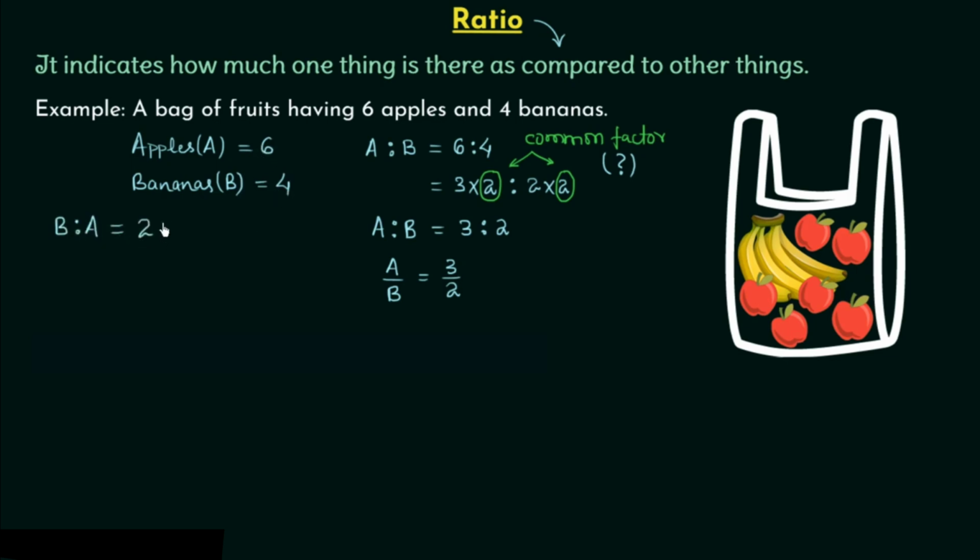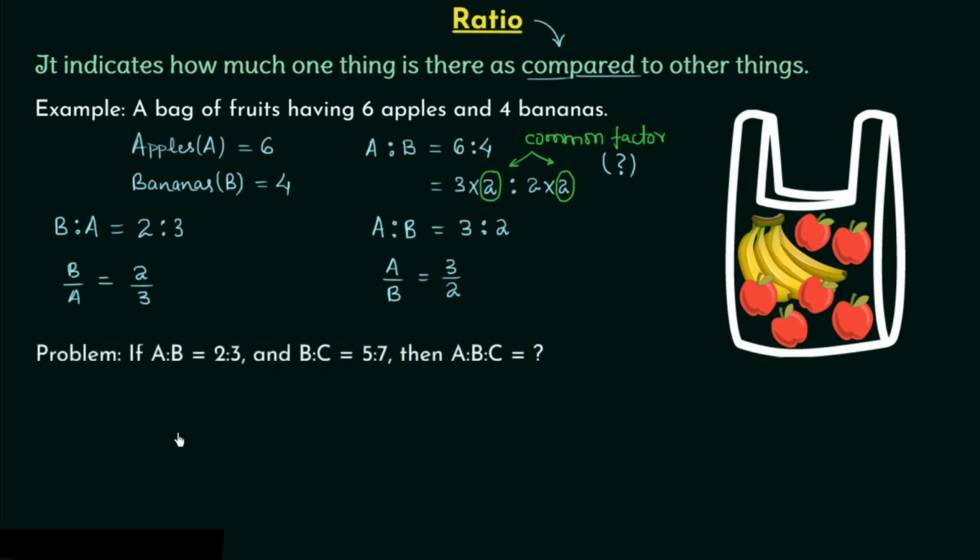Removing the common factor, we will have 2 ratio 3, or we can write B over A equal to 2 over 3. So in one case we have compared the number of apples to the number of bananas, and in the other case the number of bananas to the number of apples. So ratio is nothing but the comparison of similar things, and for comparison, we must have more than one thing.